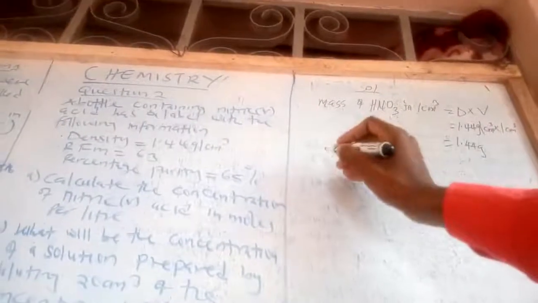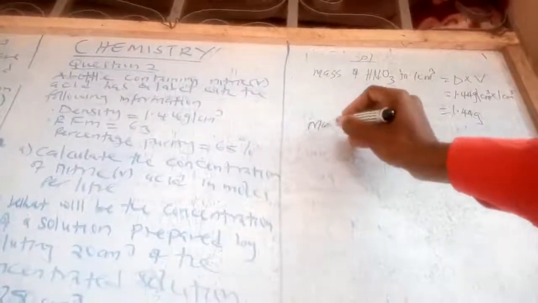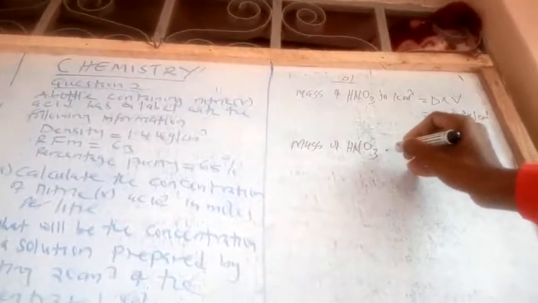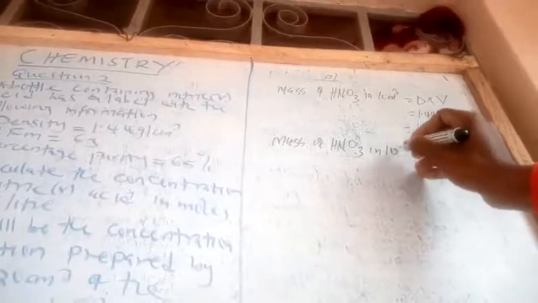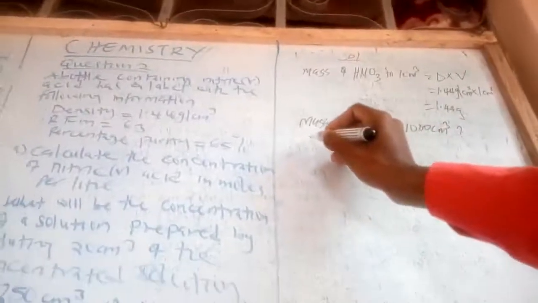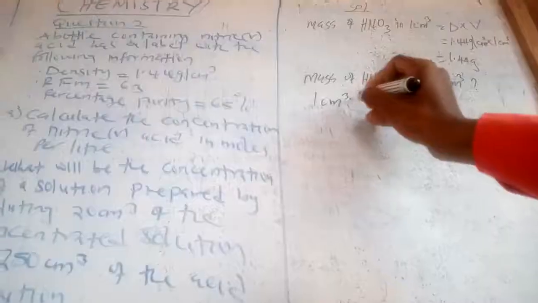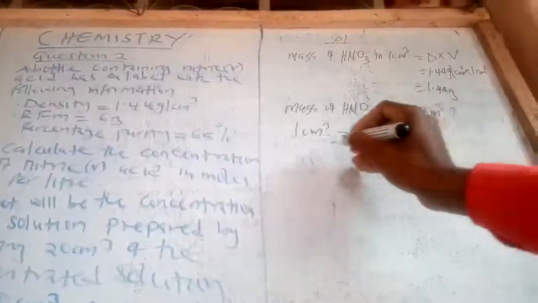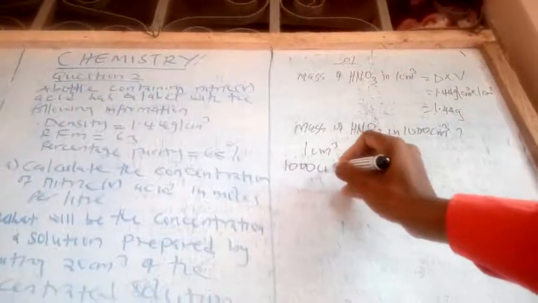And as far as this volume is concerned, we have used a volume of 1 cubic centimeter. What about the mass of nitric 5 acid in a thousand cubic centimeters? If 1 cubic centimeter contains a mass of 1.44 grams, what about 1,000 cubic centimeters?